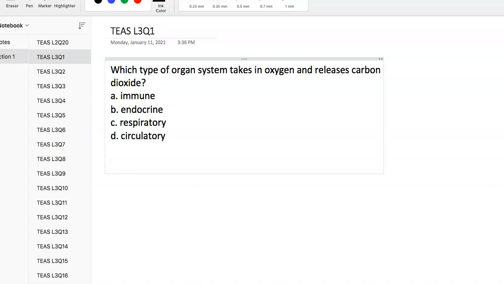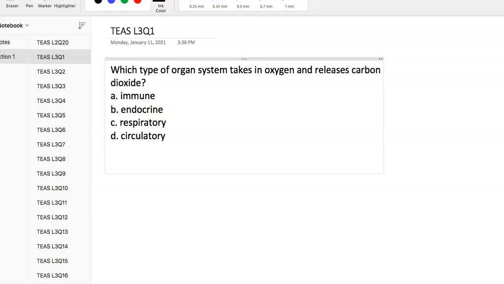First question, which type of organ system takes in oxygen and releases carbon dioxide? So the correct answer here is answer choice C, the respiratory system. The respiratory system takes in oxygen and releases carbon dioxide through the nose, throat, and lungs. The immune system, answer choice A, protects the body from foreign pathogens.